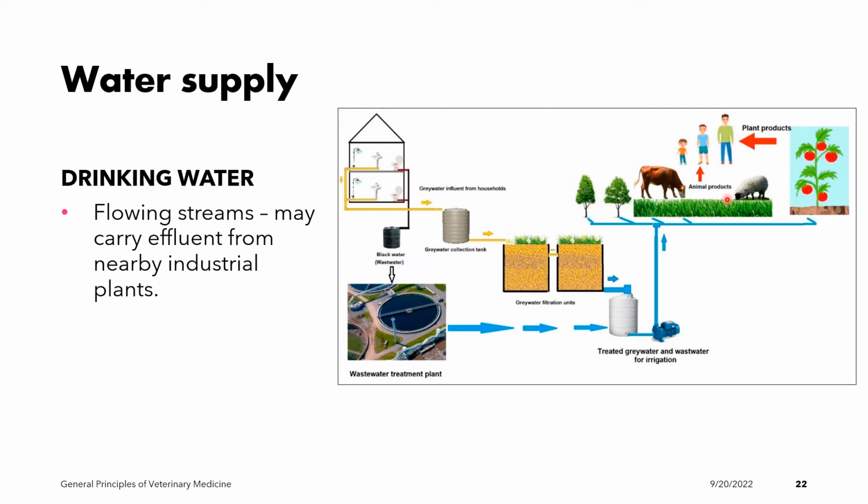Of course, this can also help the animals, since the irrigated crops can produce crops that can be fed to animals as well as humans.